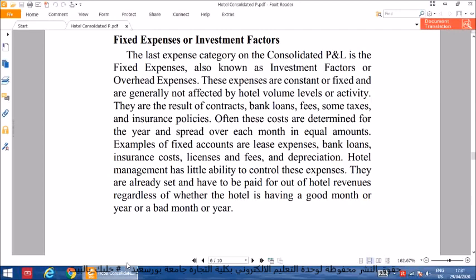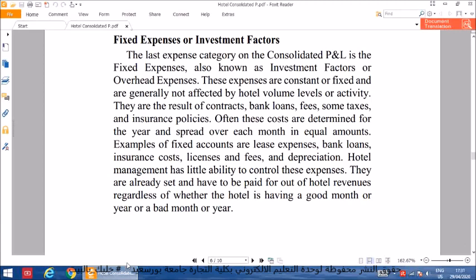So we have synonyms here: fixed expenses, overhead expenses, investment factors. These expenses are constant or fixed and are generally not affected by hotel volume levels or activity.